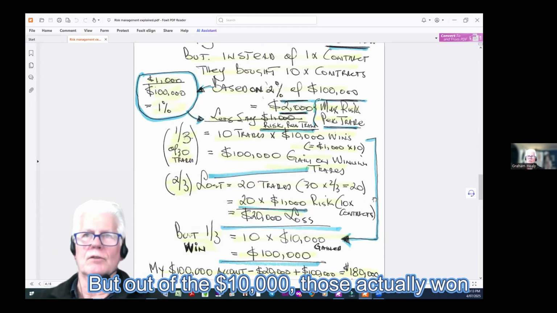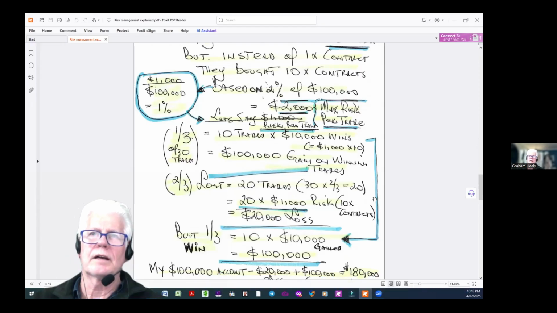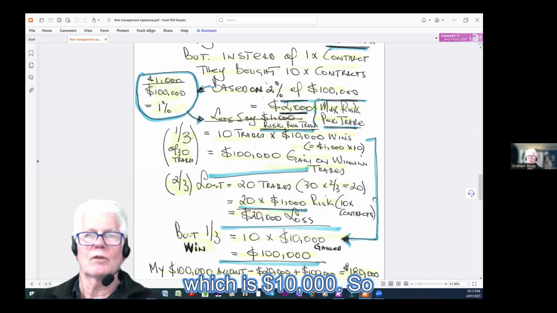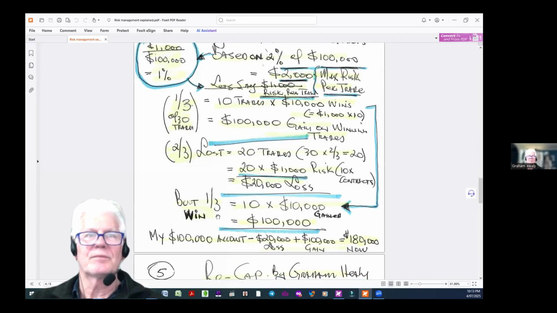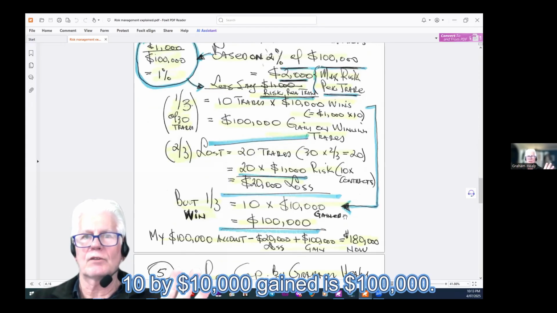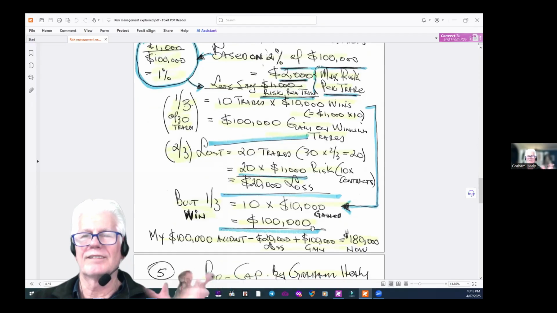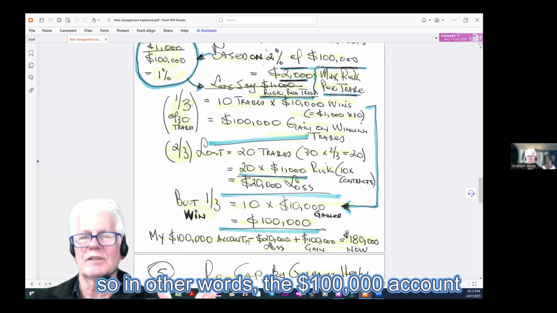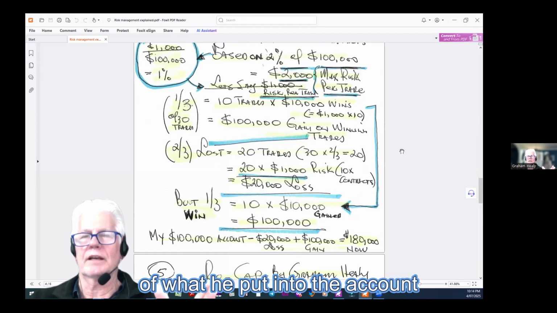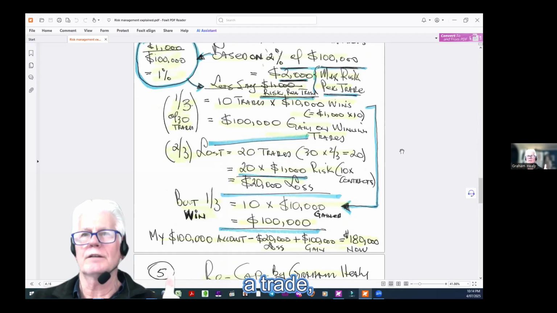But the 10 trades that actually won at the end of the trade were $1,000 ahead by 10, which is $10,000. So to make it a bit clearer, that was 1/3 of his portfolio. 10 by $10,000 gained is 100,000. It sounds a bit confusing, but in other words, the $100,000 account lost $20,000 because 2/3 of what he put into the account at $1,000 a trade lost $20,000.